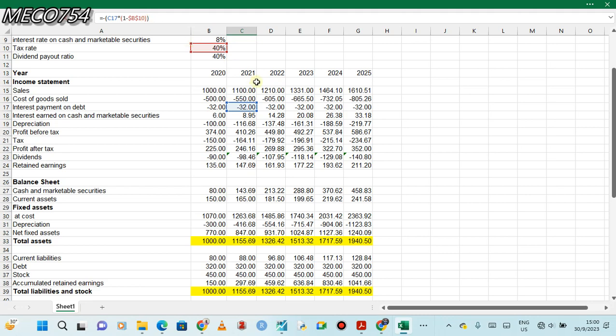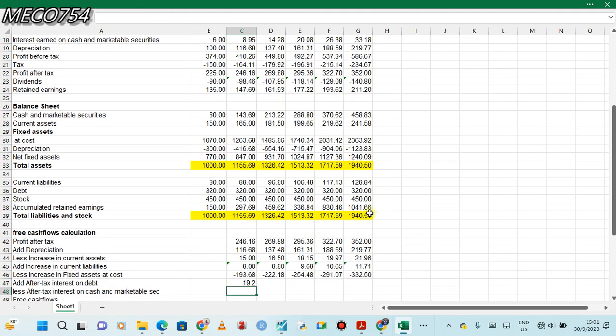Here we go, 19.2. Copy this formula till the end. See, the 19.2s are similar because our debt did not change. Yes, I used the correct value.